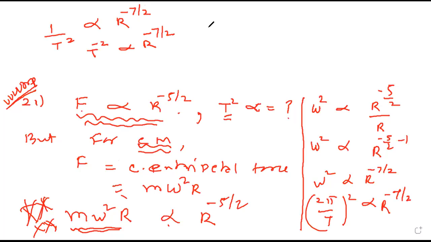Yes, sir. So the final answer is t square proportional to r raised to 7 by 2. This is a type of sum I will always give you in the exam. The option is there, t square proportional to r raised to plus 7 by 2, Option B. Very good sum, very important sum, frequently asked either in this chapter or in circular motion.